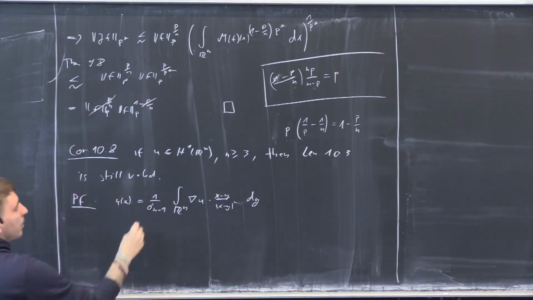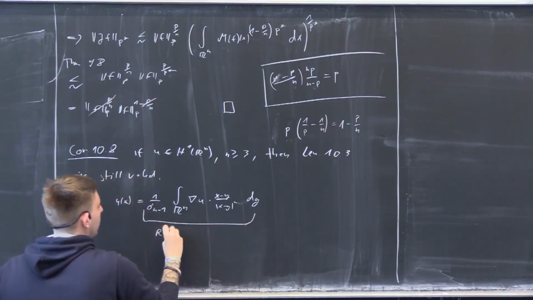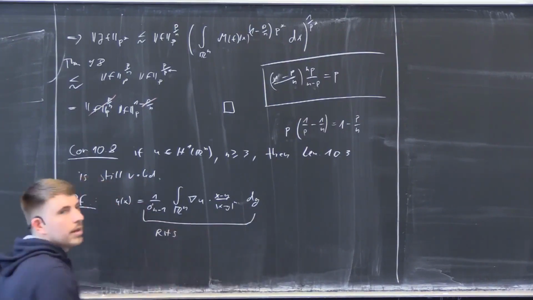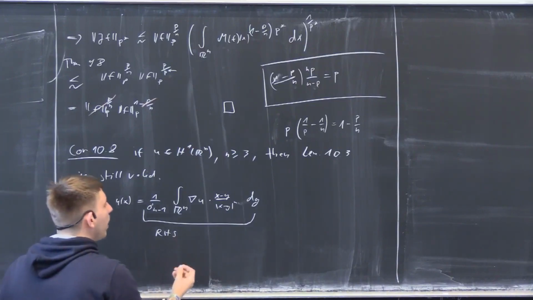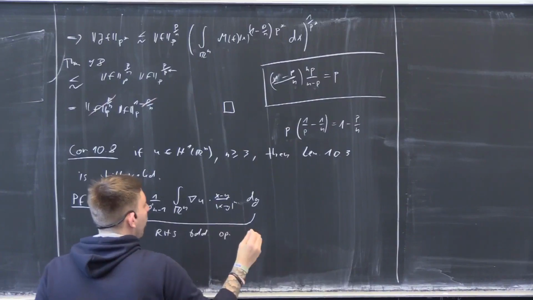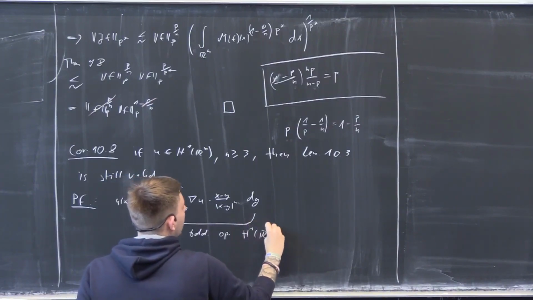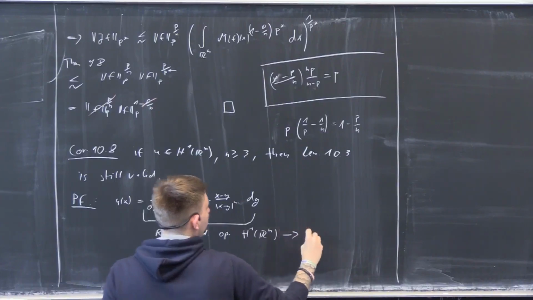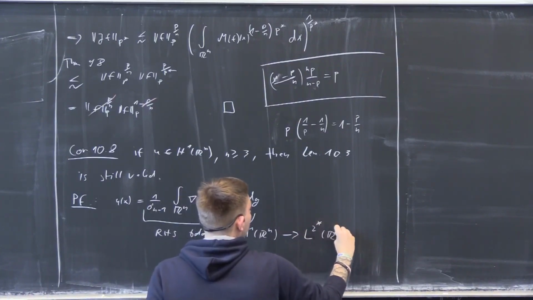Okay, and for this right hand side here, this is first of all a bounded operator from H^1(R^n) to L^{2 upper star}(R^n).